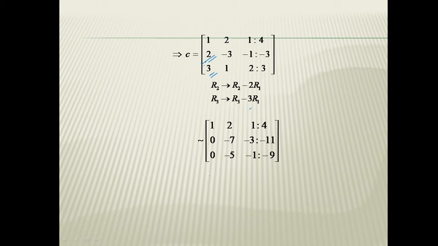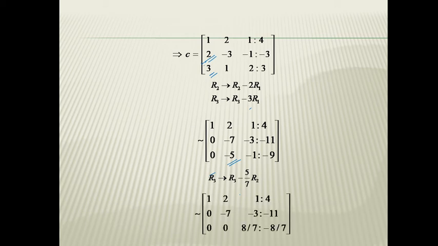Then we form 0 in the second column by using R2. Therefore, the operation is this. Now here minus 7 and minus 5, that means the sign is the same. Therefore, we write down here, subtract the values. If the signs are different, then we write down here in the operation plus.